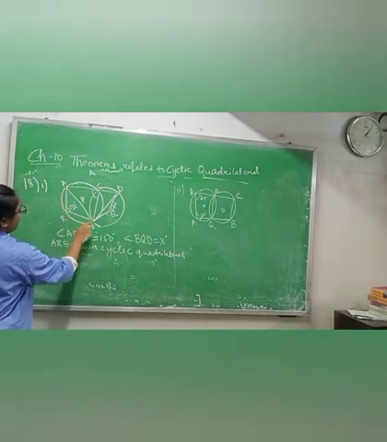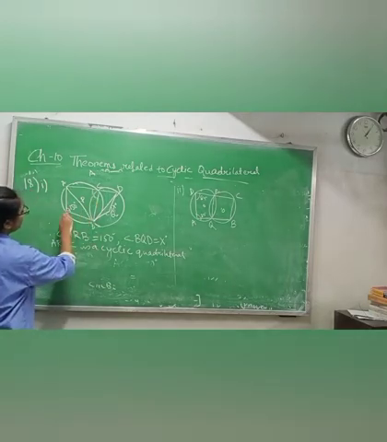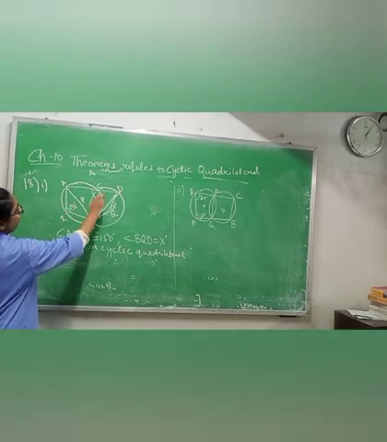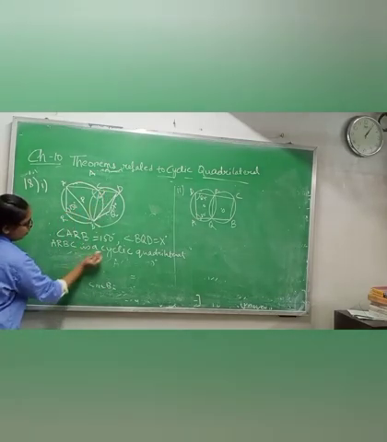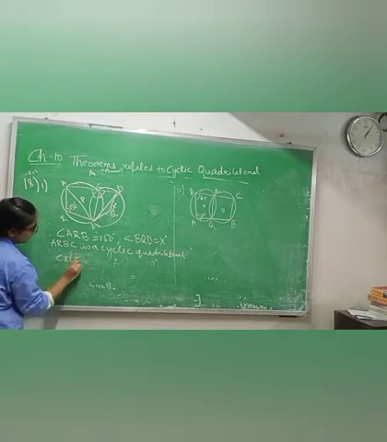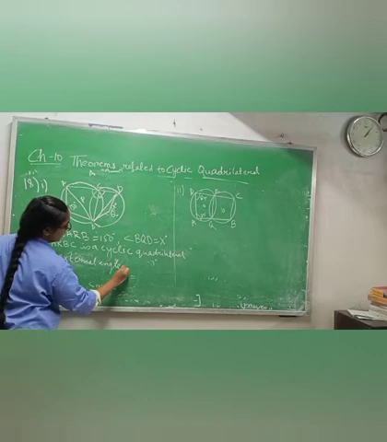See, ARBC is a cyclic quadrilateral. Then you can say the external angle is equal to the opposite internal angle. Which one is the external angle?